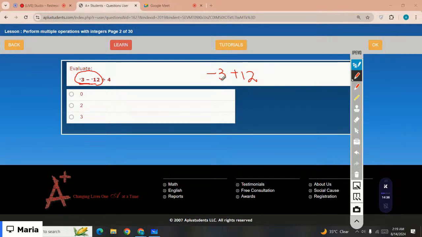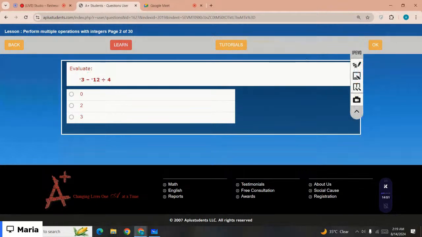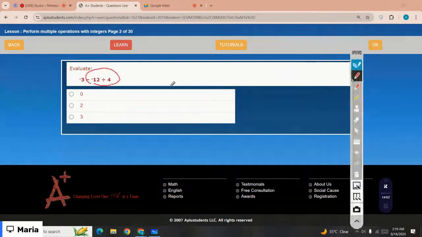You have to do negative 3 plus 12. So no, hold on. You have to always evaluate division first. Sorry, I forgot. There's subtraction and division. Division has the higher priority. So divide first. Got it? Negative 12 divided by 4 is negative 3, right? And now subtracting a negative number is the same as adding.